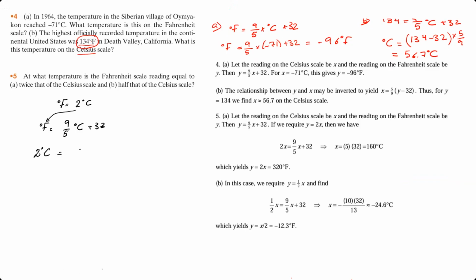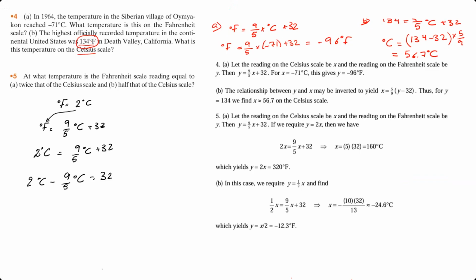And what remains is just to solve for the degree Celsius temperature. So I'll isolate the degree Celsius temperature on one side and keep the digits on the other side. I'm going to open my calculator and solve for this.